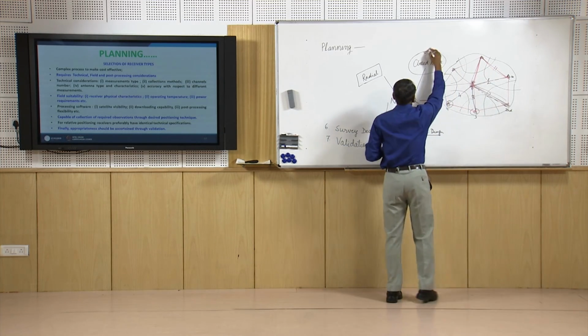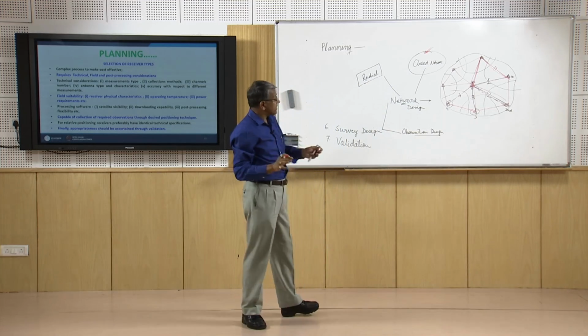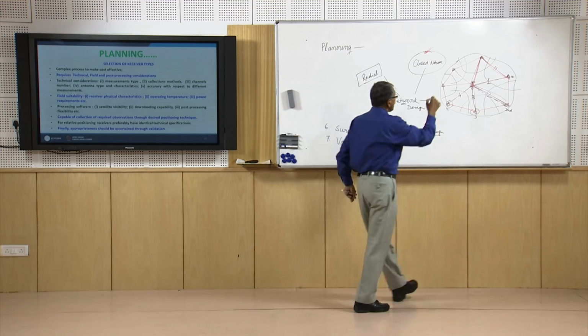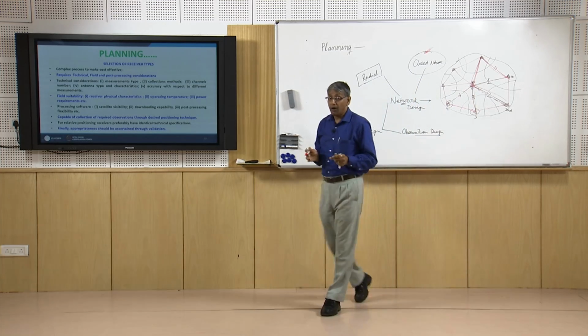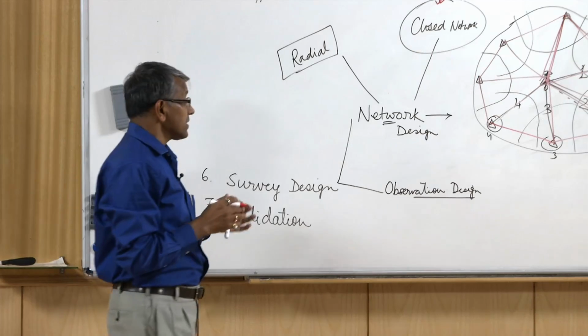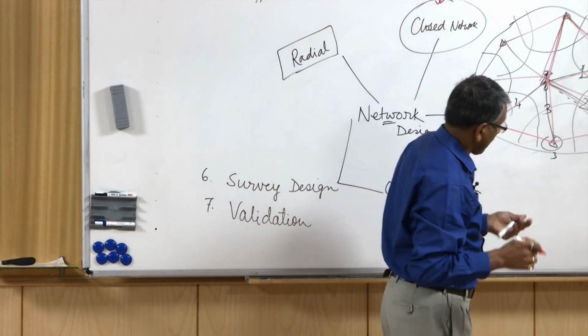This closed type of network design provides us very accurate positioning of the stations, because we can also go for geometrical adjustment during our processing.